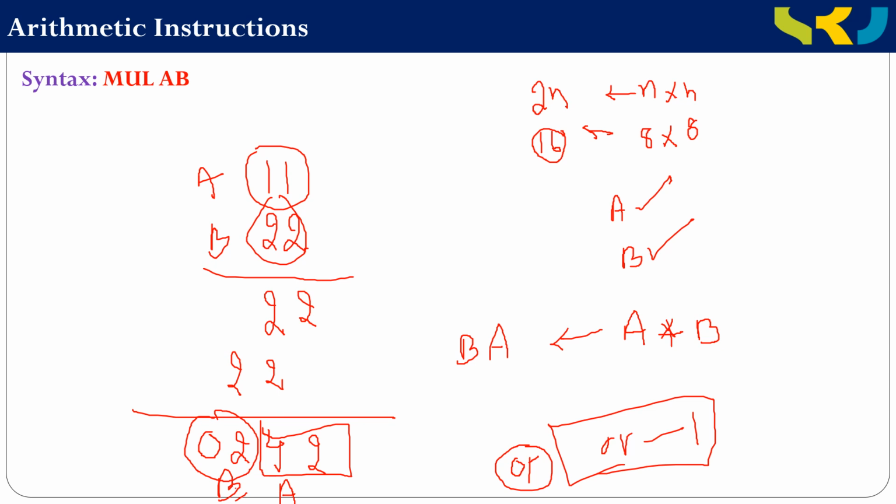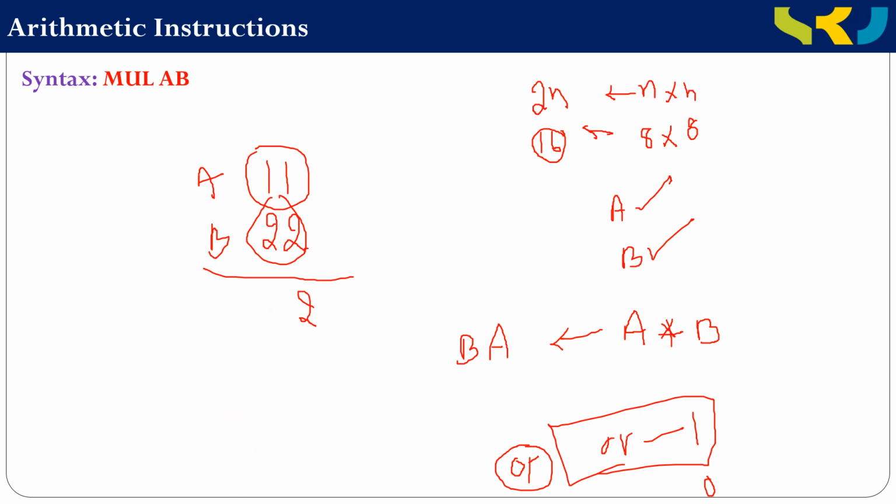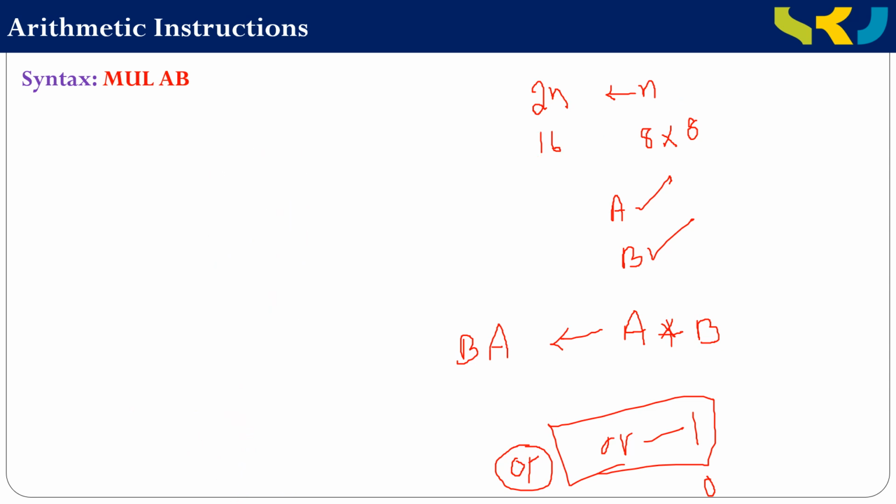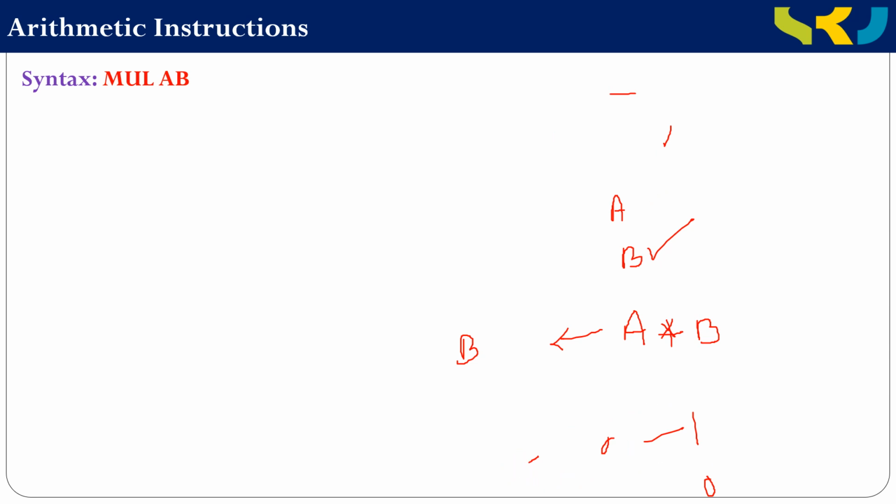Otherwise, it will be equal to 0. That means if the B register is having 0, the overflow flag is equal to 0. If the B register is having a non-zero value, the overflow flag will be set to 1. So this is the operation of the multiplication instruction.